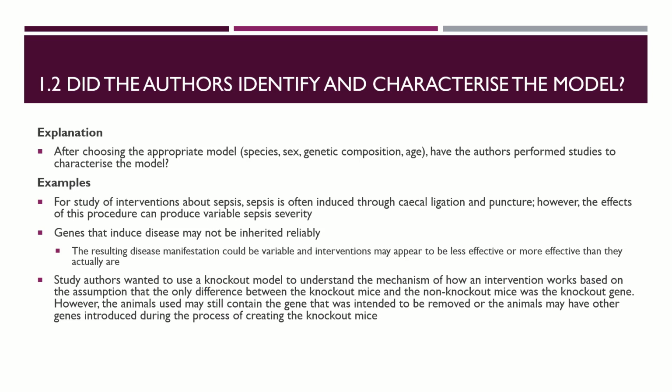That's the presumption. However, the animals used may still contain the gene that was intended to be removed, so the gene was not knocked out, or the animals may have other genes introduced during the process of creating the knockout mice. This means that any difference between the knockout mice and the non-knockout mice may be due to the introduced gene rather than the knockout gene.